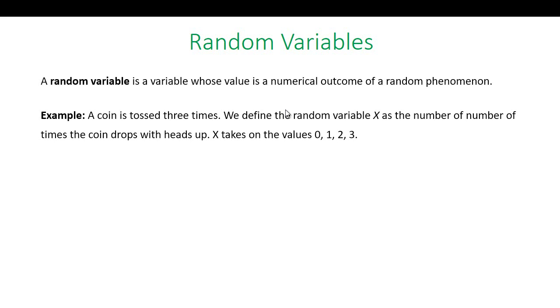And a random variable, you can think of that as a function from the sample space into the set of real numbers. That is, you assign a number to each of the outcomes in the sample space.